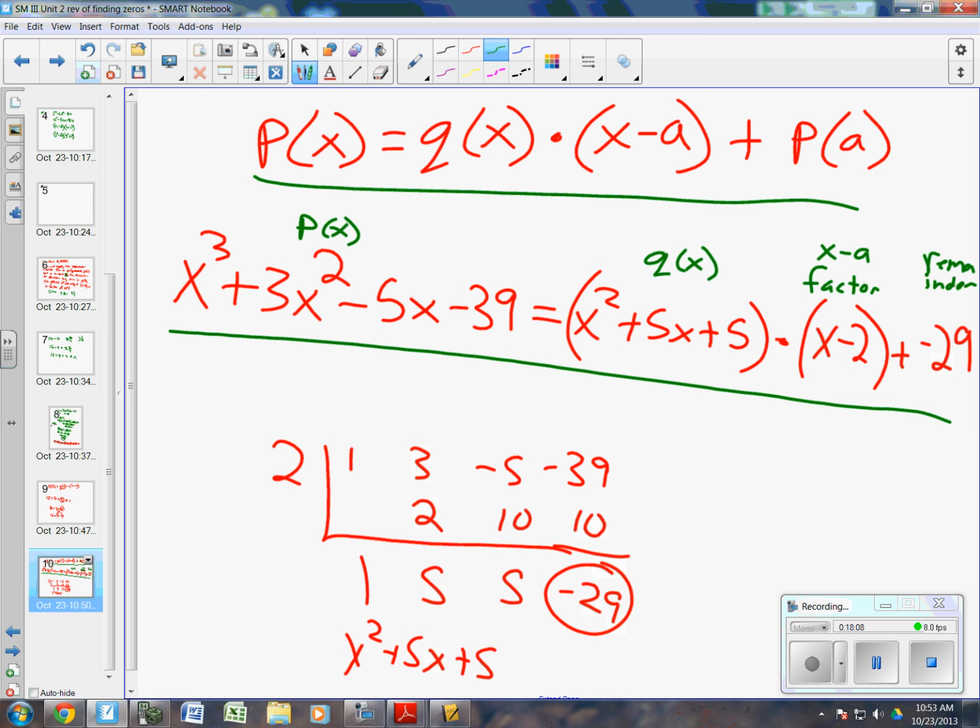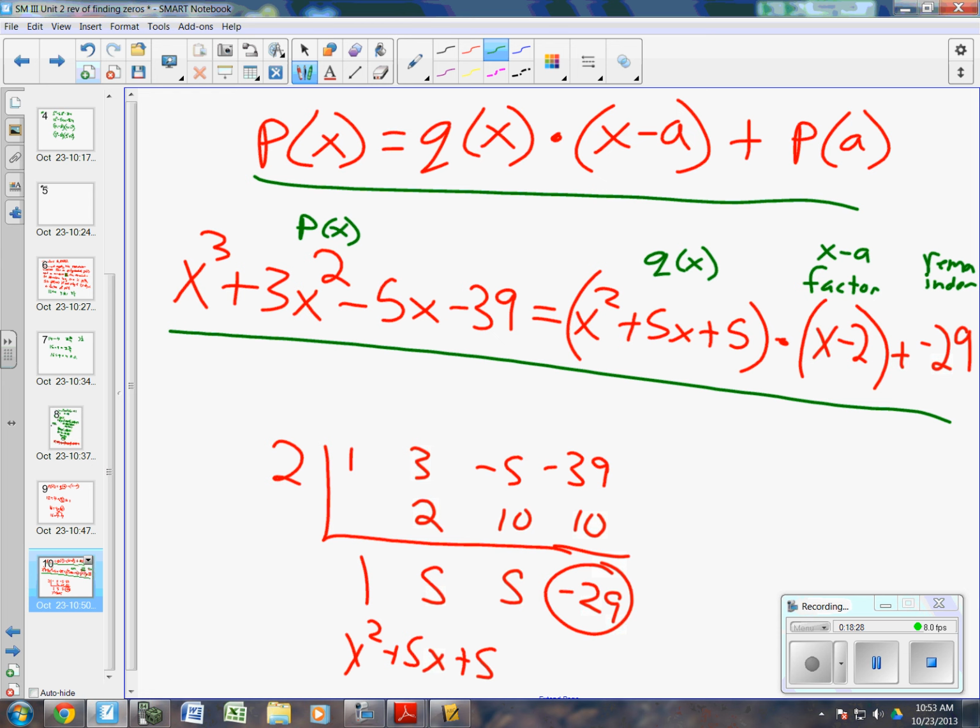This is the remainder theorem equation. It's just saying if you take a polynomial and you divide a number into it, it's equal to what you get when you divide the number in it times the number you divided into it plus the remainder.